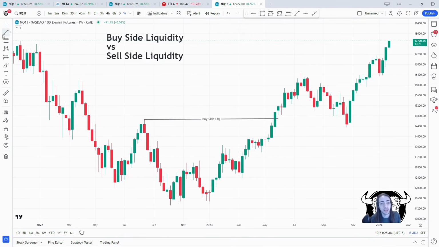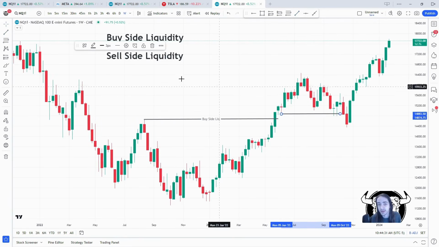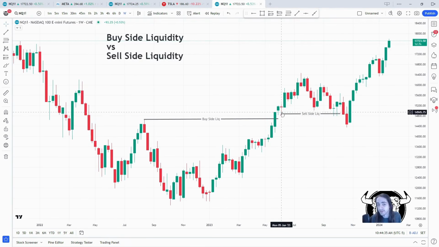We look for us to fail the break and reverse back, just like this sell side liquidity right here. We'll mark this out as sell side. This sell side liquidity from this candle, we reversed on these two to give us a push higher. We failed that push and dropped back lower, giving us another reversal and another quick move.